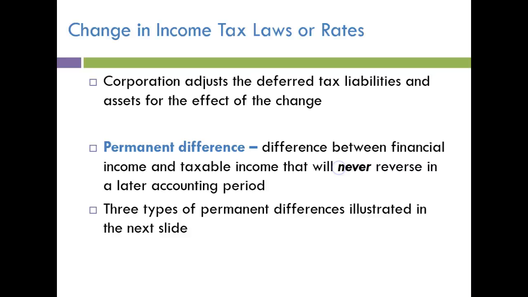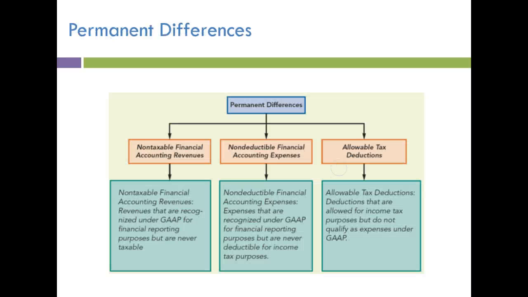Okay? 3 types. Permanent differences may be non-taxable accounting revenues, such as revenues that are recognized under generally accepted accounting principles for financial reporting purposes, but they're never going to be taxable.